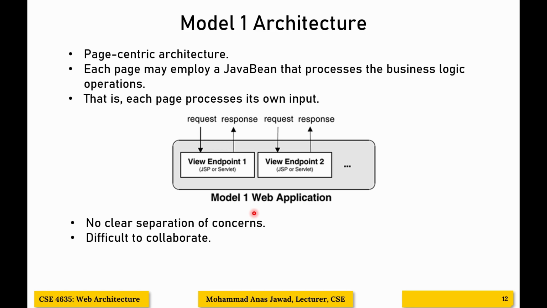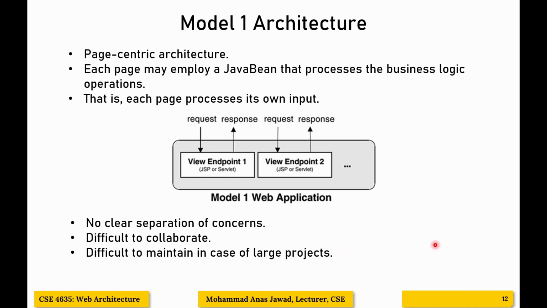So they cannot really collaborate on the same project. Also, this kind of architecture is absolutely a no-go when it comes to large projects, because you can already imagine if there is no proper collaboration between developers, then you can't really work on large projects, right?